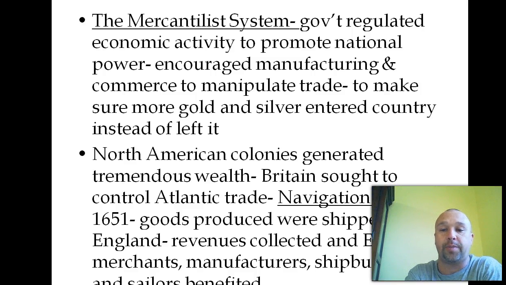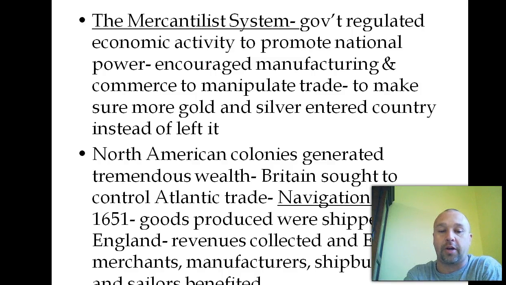So they're going to encourage manufacturing, lots of trade. They're going to try to bring as much gold and silver into the country, and the idea was that if you can bring more gold and silver into the country than is coming out of it, then you're doing it right. So the North American colonies are going to generate tremendous wealth for the mother country.